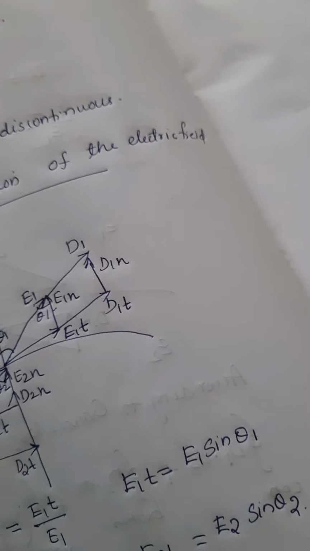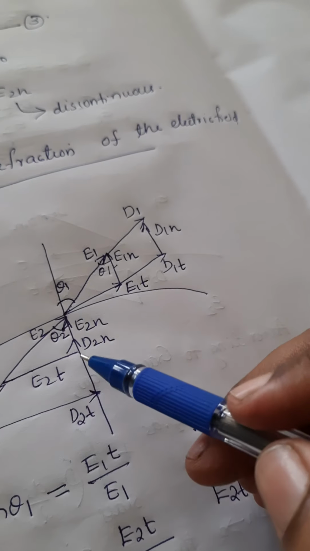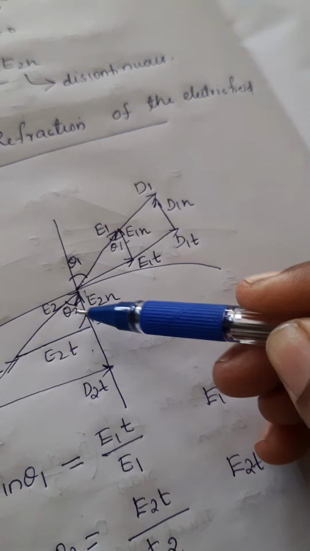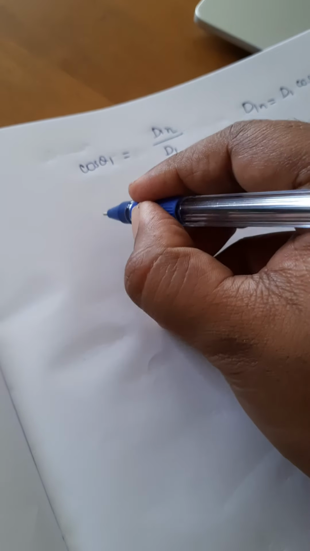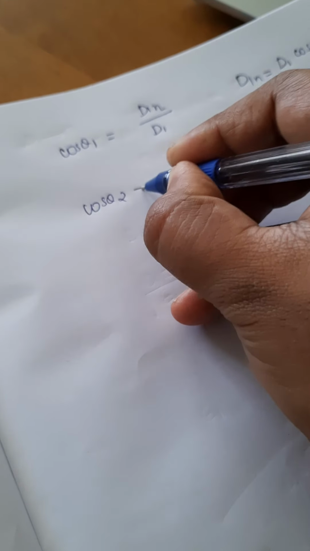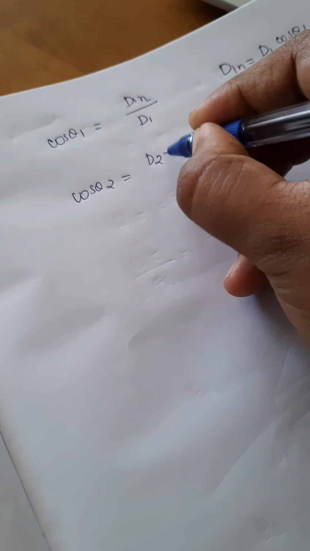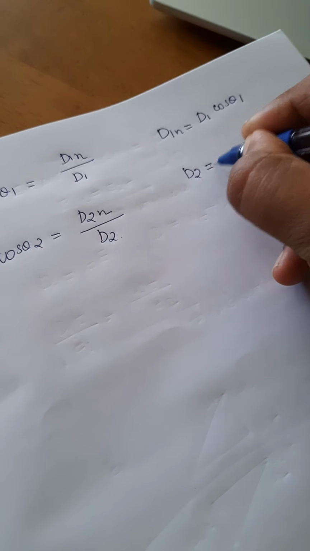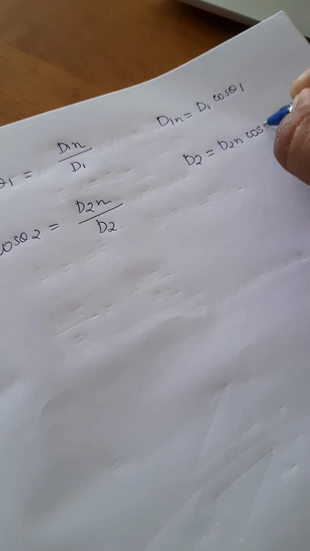And from cos of theta 2, the adjacent side is D2n and the hypotenuse is D2. So cos of theta 2 is D2n by D2, and D2n is equal to D2 cos of theta 2.